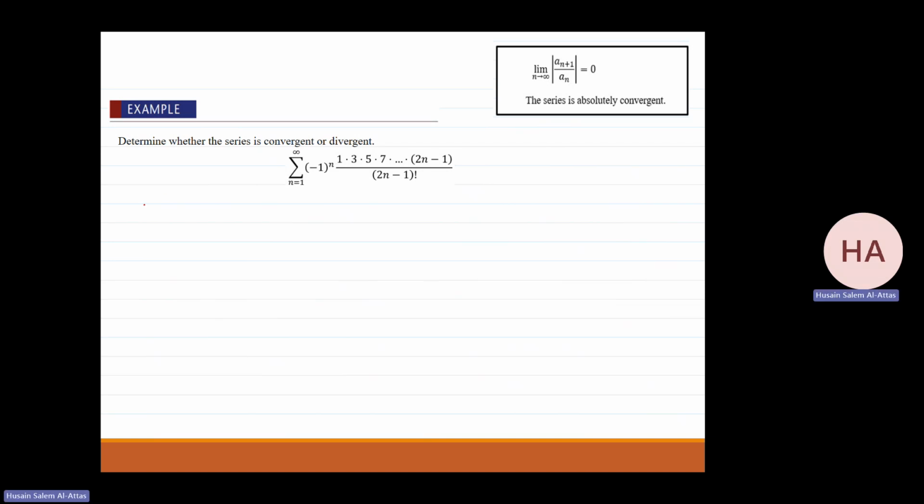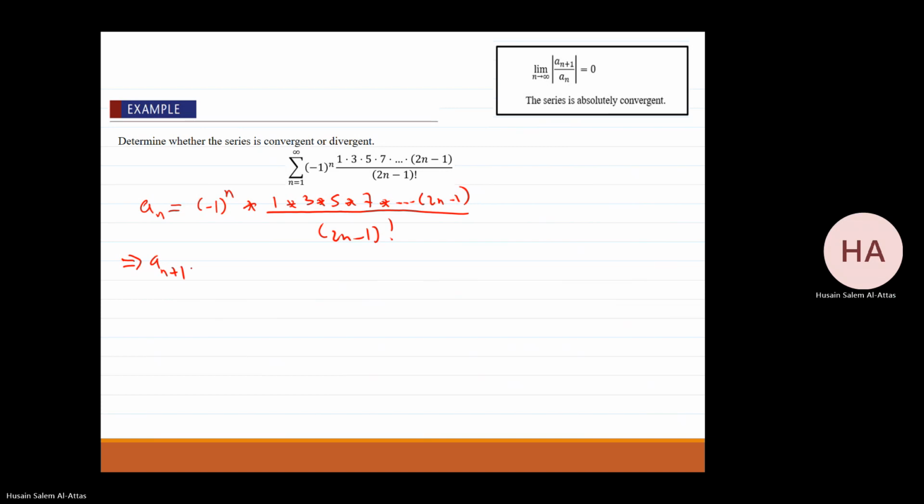Okay, so this is my An. Be careful here. Now let me do An plus 1. That will be minus 1 to the power n plus 1, times 1, 3, 5, 7, up to 2n minus 1, times what? I need the next term. What is after 2n minus 1?